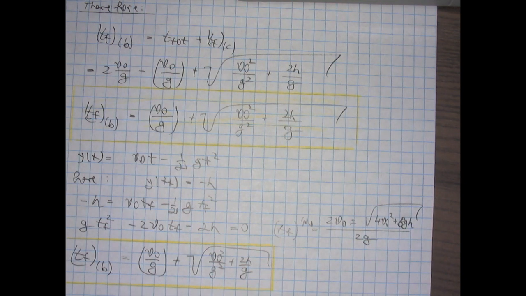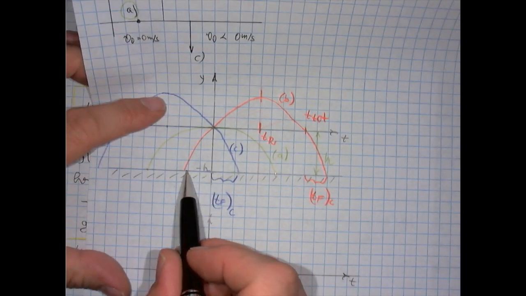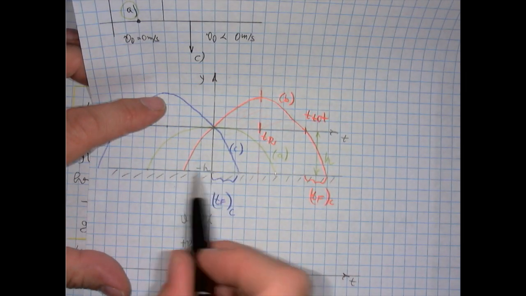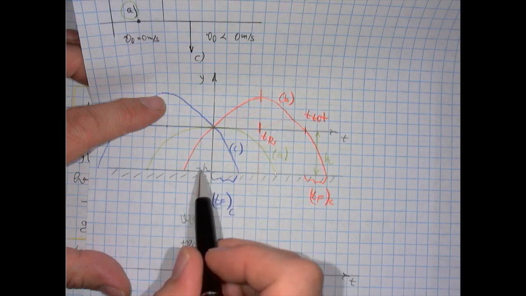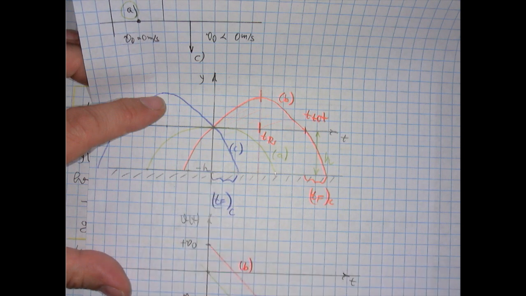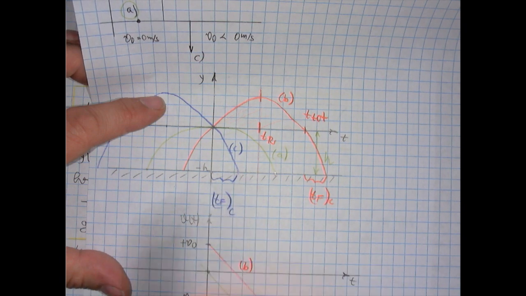So just by symmetry, we do see that the negative of the negative solution for part B is identical to the positive solution in part C, just by symmetry of the initial conditions.